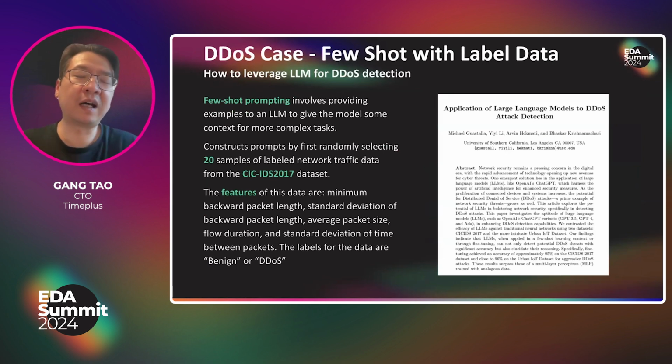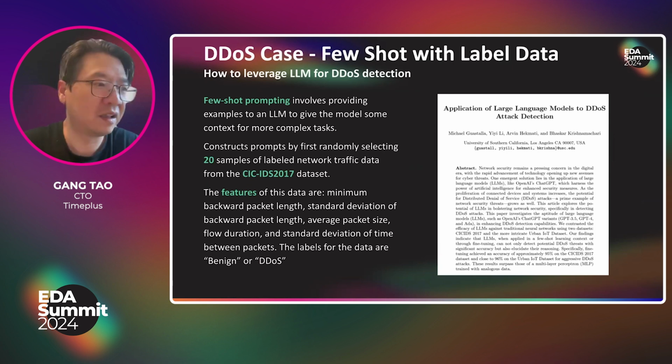In the DDoS case, traditionally you can use a traditional machine learning algorithm to build a DDoS attack detector. Fundamentally, it's a classification problem, right? Any such anomaly, you can think of as a classification problem.